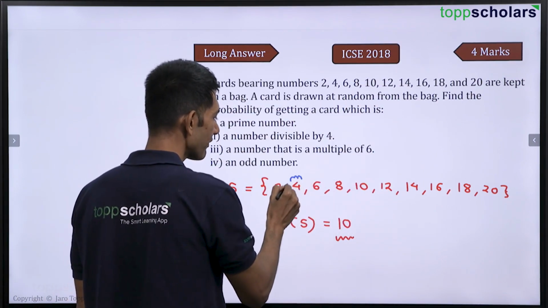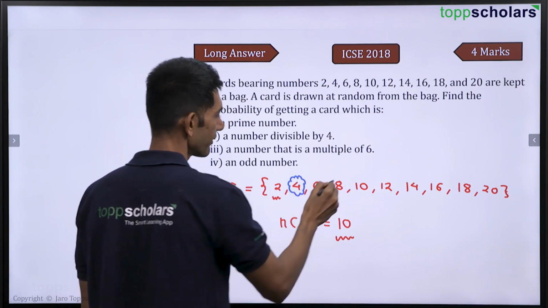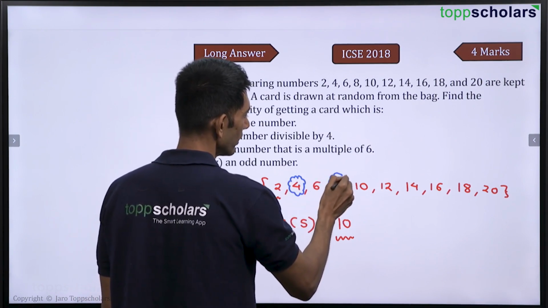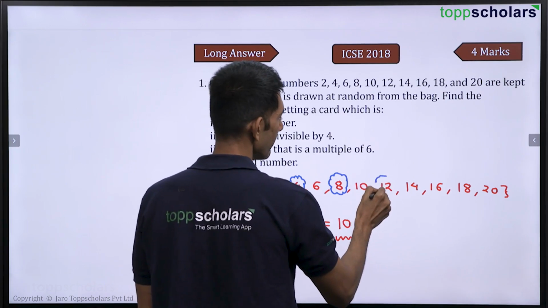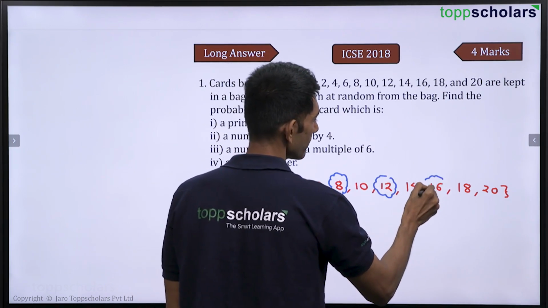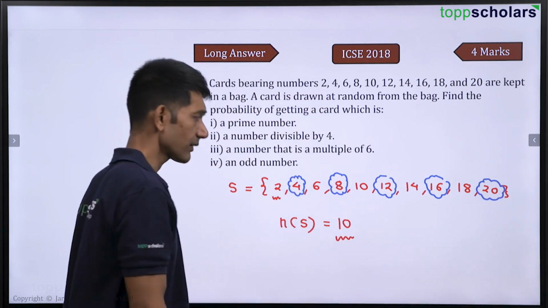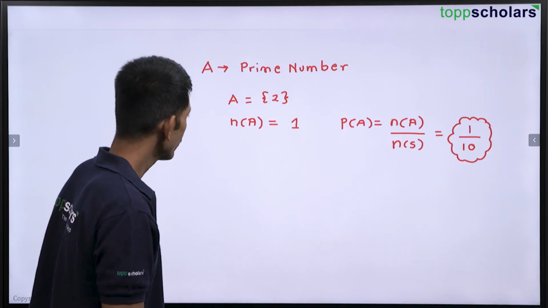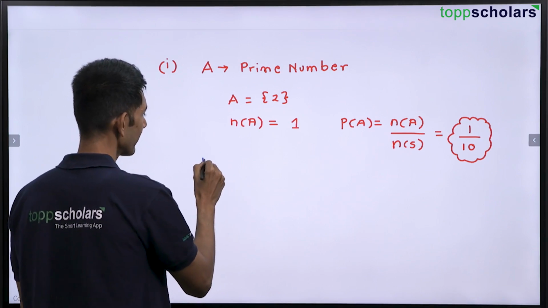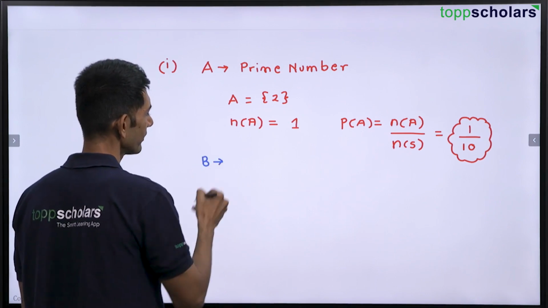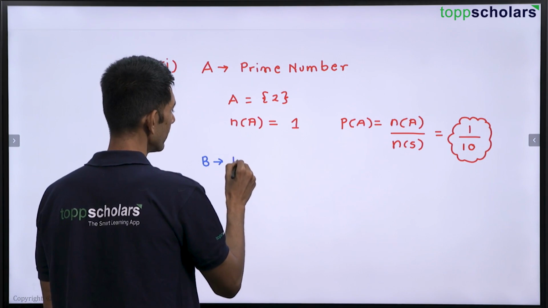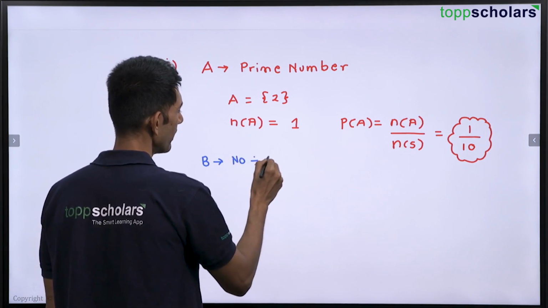Firstly, 4 is divisible by 4, yes. 8 is divisible by 4, yes. 12 is divisible by 4, 16 is divisible by 4, and 20 is divisible by 4. Let B be an event of getting a number divisible by 4.